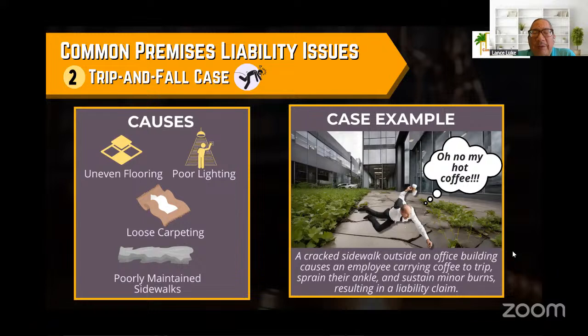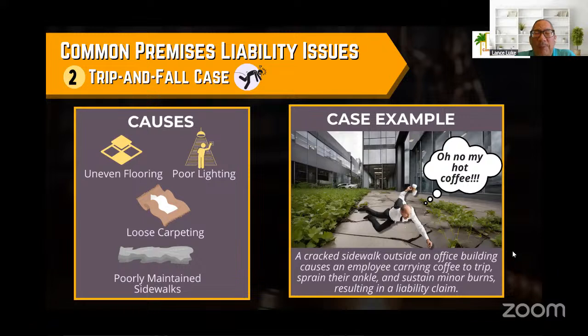Here's a case example. You have somebody, could be an office worker in an office building, walks outside carrying his hot coffee. So a cracked sidewalk outside of an office building causes an employee carrying coffee to trip, sprain their ankle, and sustain minor burns, resulting in a liability claim.